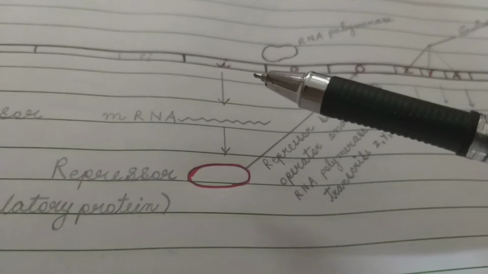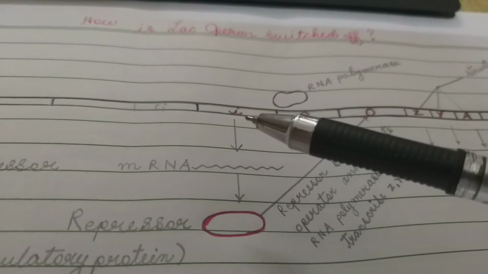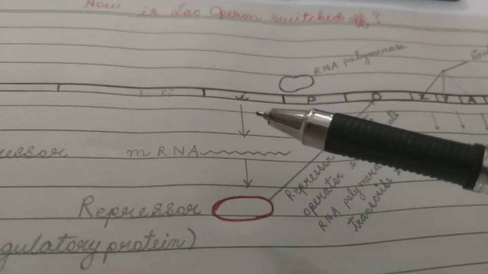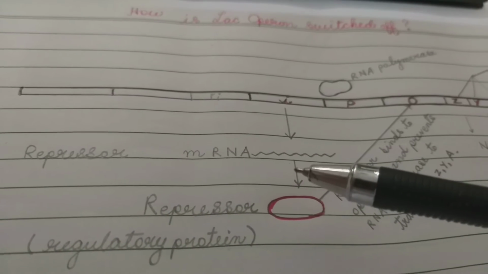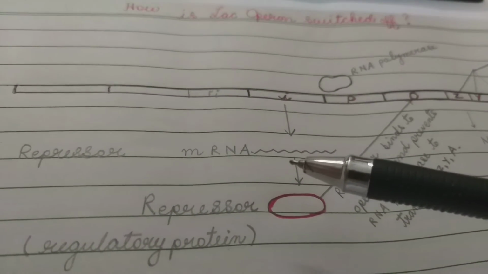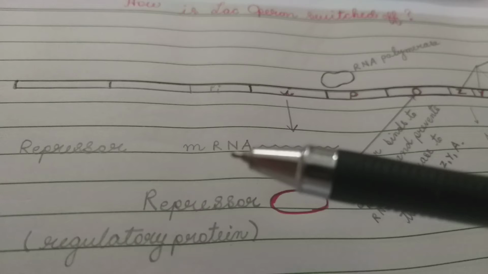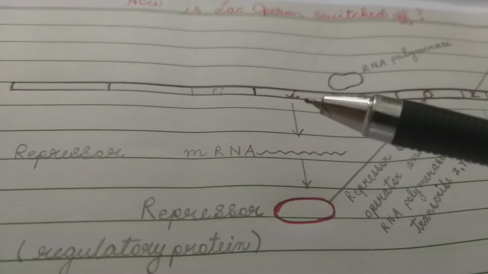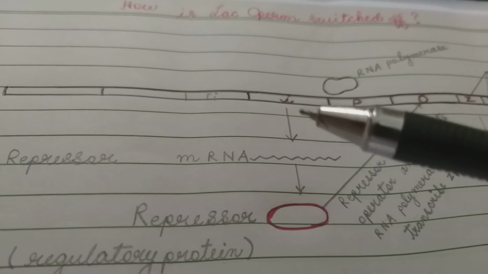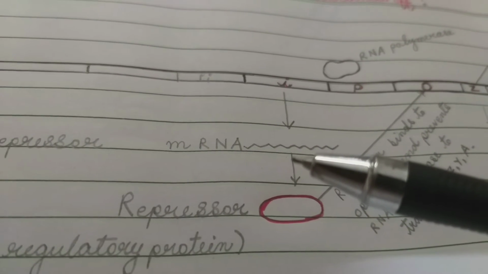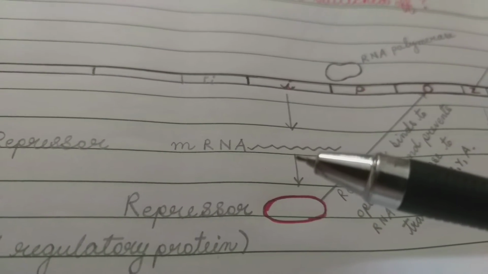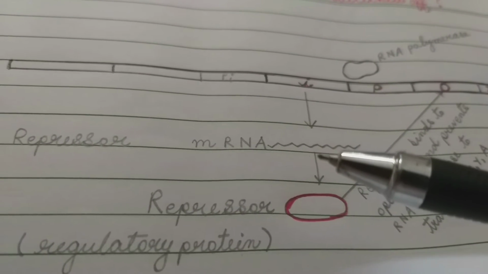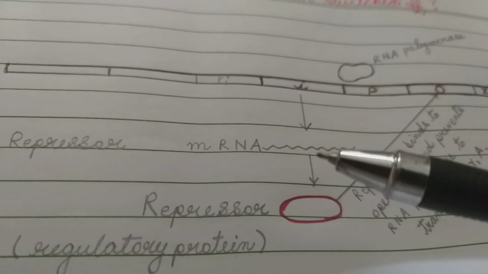Now the regulatory gene i transcribes a piece of messenger RNA. This is called repressor mRNA. The regulatory gene i is transcribed into a strand of messenger RNA, which is called repressor messenger RNA.